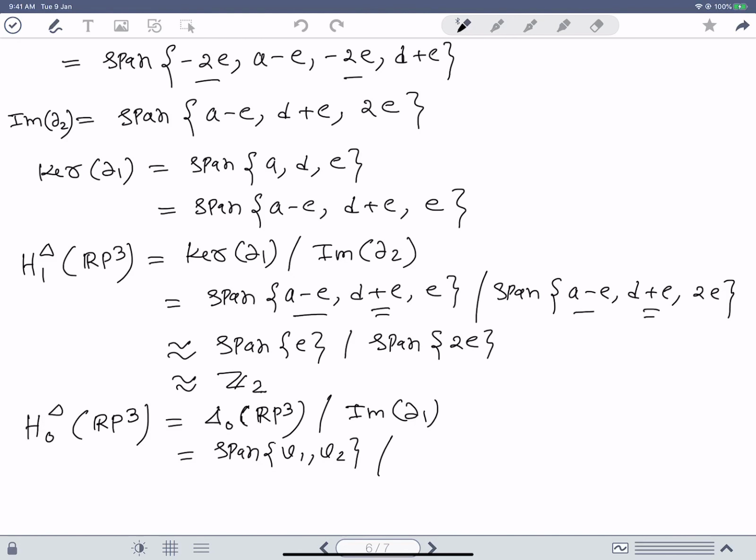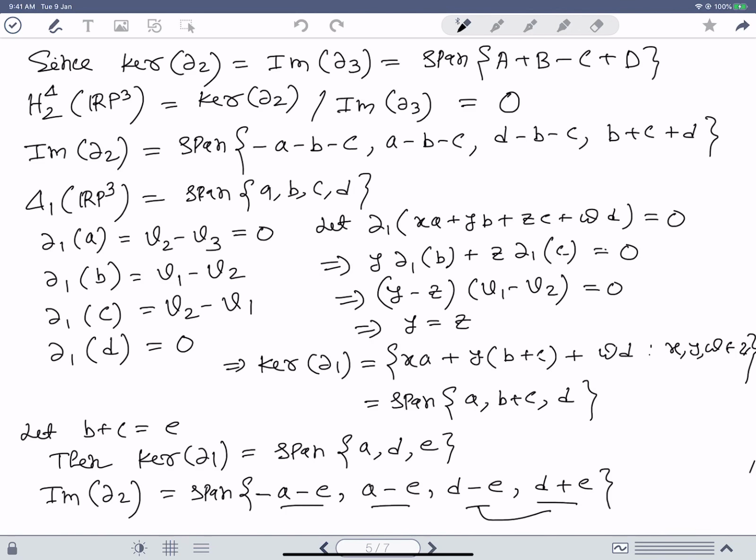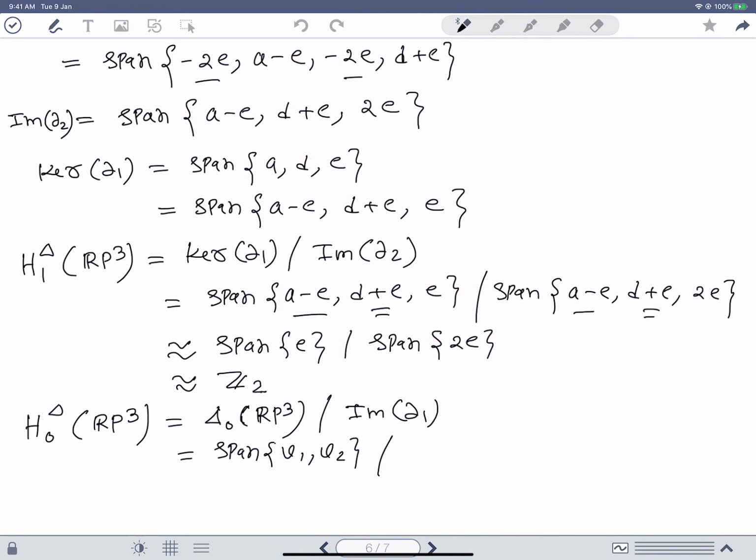We have seen that del 1 of, so boundary of A is 0, boundary of D is 0, and boundary of B is V1 minus V2, and boundary of C is V2 minus V1. Therefore, image you can write it is a span of V1 minus V2.